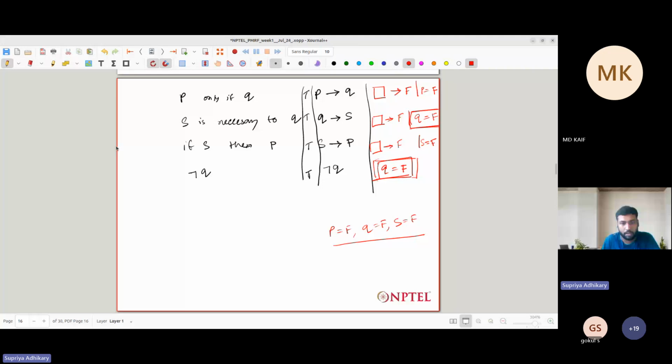So we can say that these two propositions are equivalent.